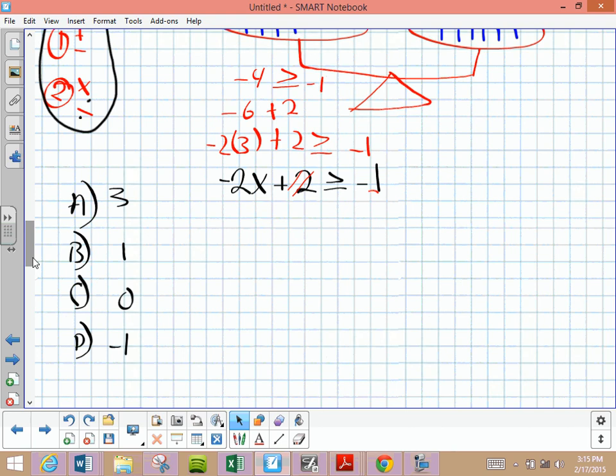What does that mean when I say which one will not satisfy the inequality? Which one will not make it true? Yes. Or which one wouldn't work with it? But yes, which one would not make it true is a better statement. It's just negative 2x plus 2 greater than or equal to negative 1.